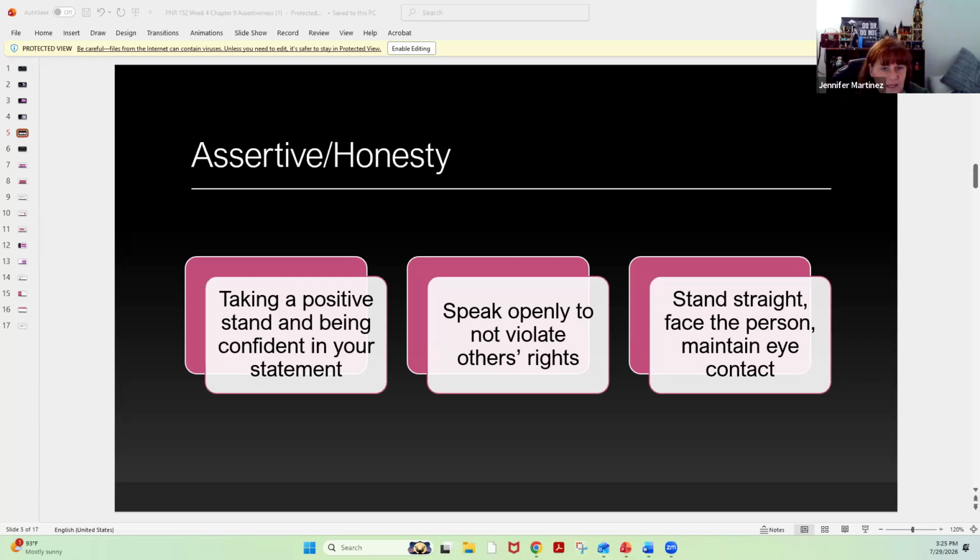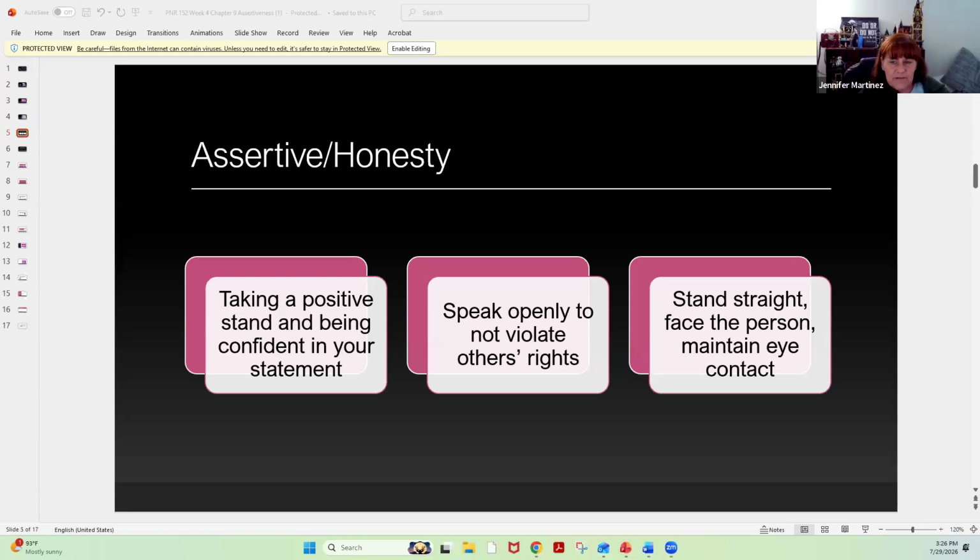Rather than going into that defensive tone and taking it the wrong way. Like I said, it's being honest, it's being true, but it isn't being aggressive. You're advocating, you're standing up for yourself. However, you're not infringing on anybody else's rights.